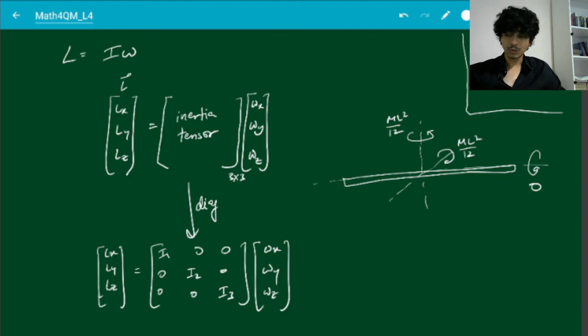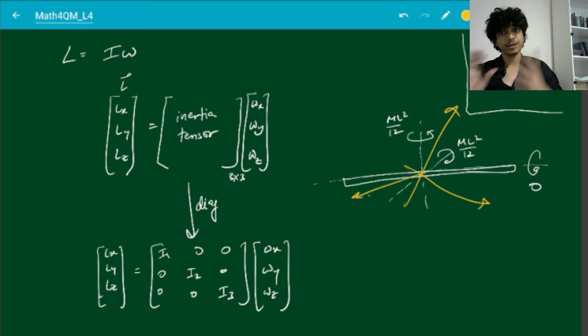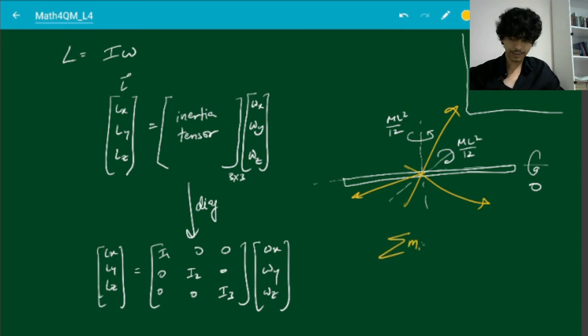But that's only because you are calculating these with respect to these axes. If you choose some different axis to work with, like this, and this. If these are your XYZ axis, try and calculate with respect to these axes what your summation mi ri square is going to be.